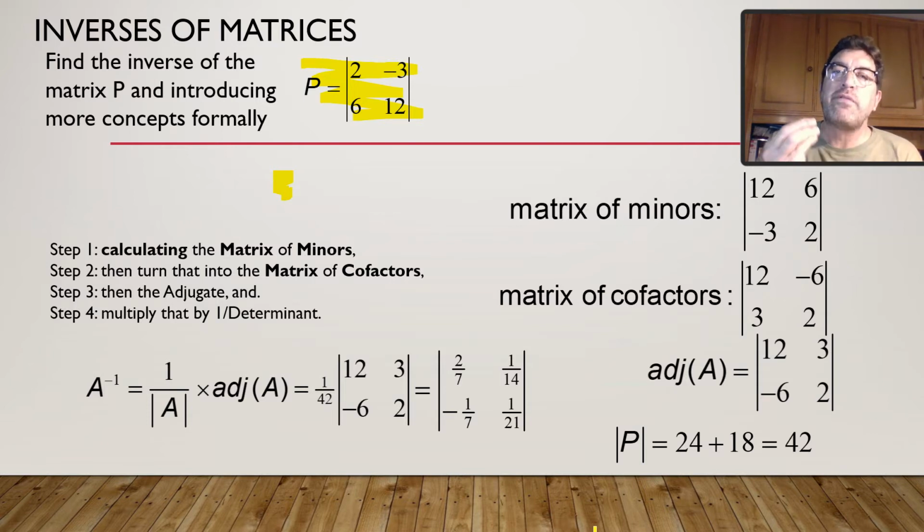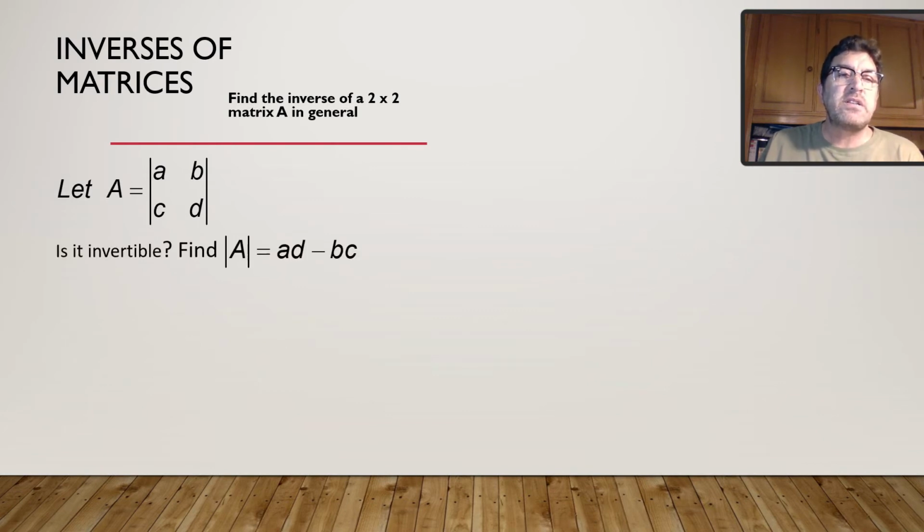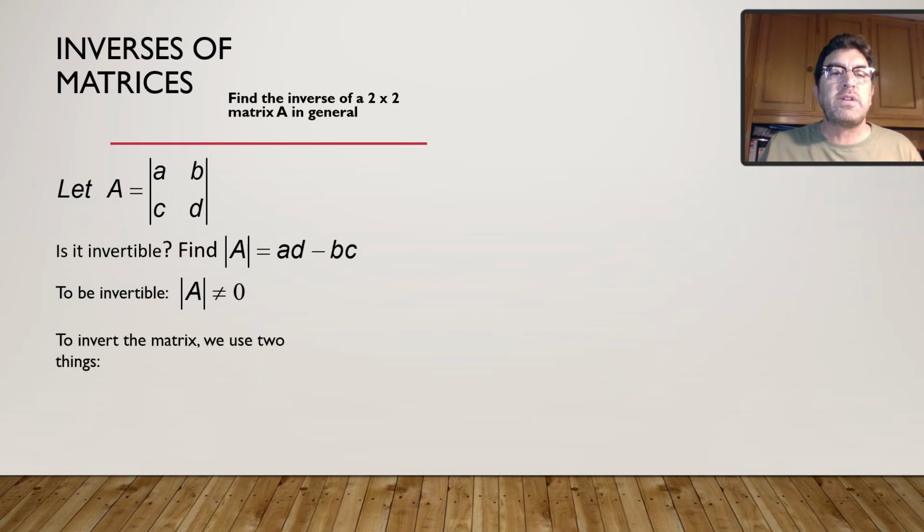We find the determinant, we reciprocate it, and we multiply it with the adjoint matrix, and it gives us our inverse. Okay, so in general, let the matrix entries be A, B, C, D. Is it invertible? Well, we quickly check the determinant. If it's not 0, then it is invertible. Okay, so to be invertible, the determinant is not 0.